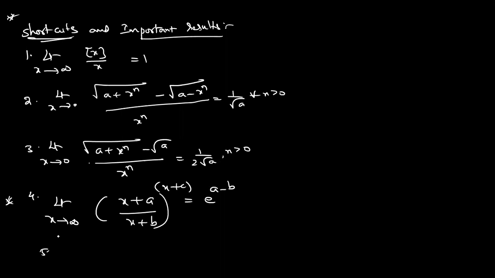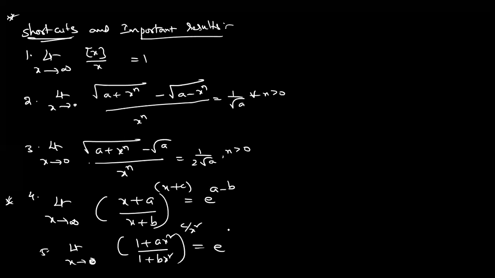Fifth one. Limit x tends to 0 of ((1 + ax²)/(1 + bx²)) whole power c/x². Yes, students, then e power (a minus b) into c is coming. Are you observing 4 and 5?